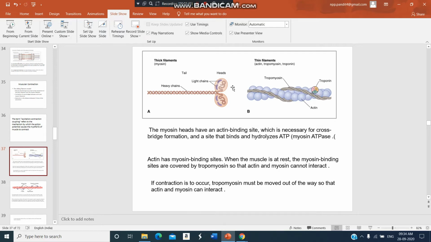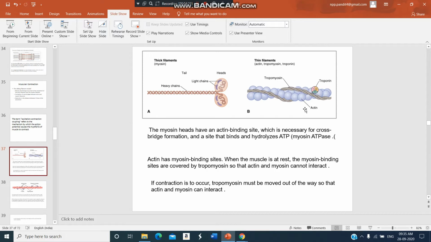This head, which I am showing with the cursor, can bind with the active site on the actin, or the thin filament, and when the ATP hydrolyzes, the binding of this myosin head with the active site on the actin releases.